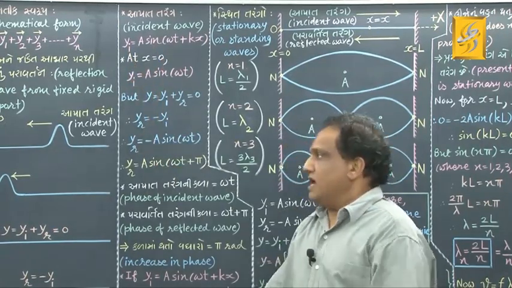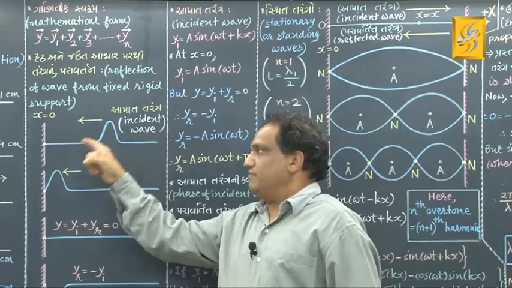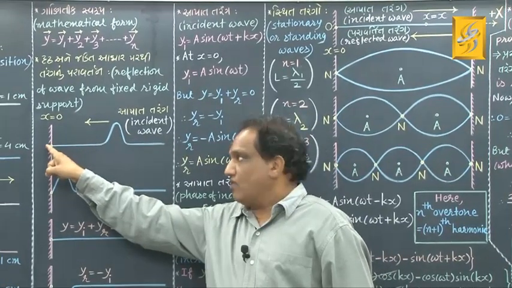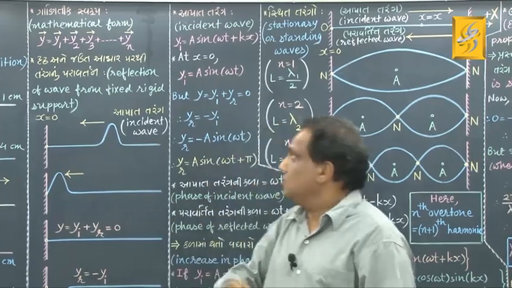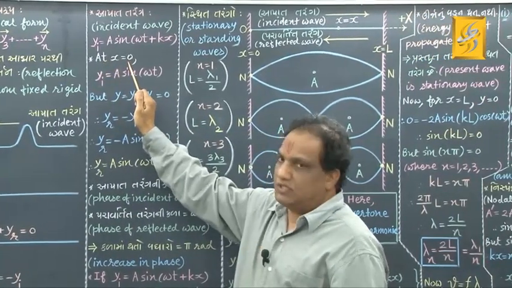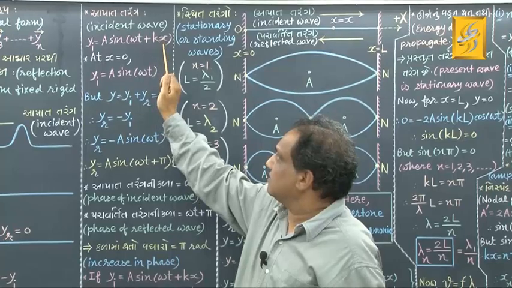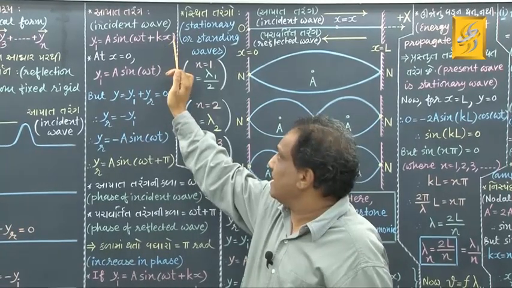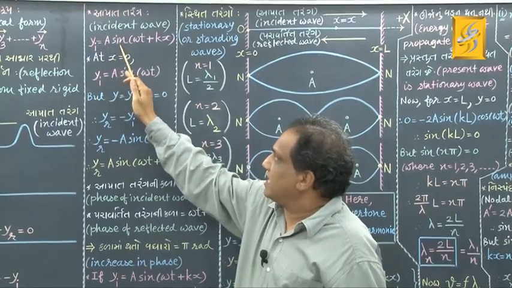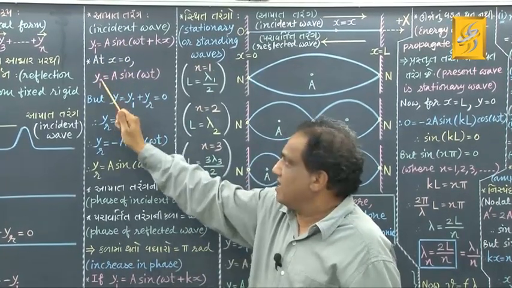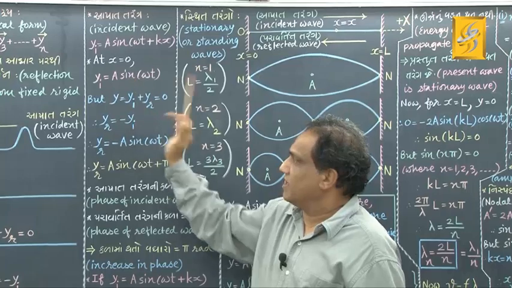Simple. But when that wave is made incident at that particle for which x is 0, what would be the displacement? I am showing you. At x equal to 0, just put x equal to 0 here. When x is 0, this part would be 0. So yi equals a sine omega t.